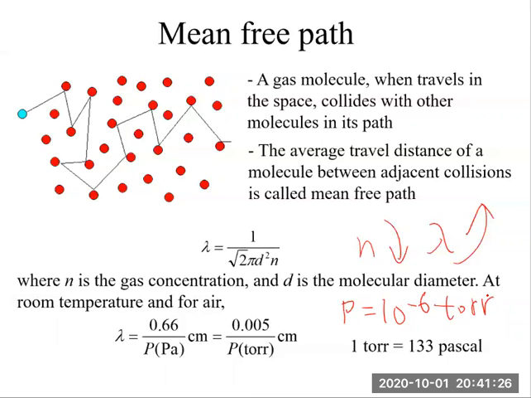Then lambda is equal to 0.005 divided by 10 to the power of -6, which is 5,000 centimeters. So it should be 50 meters.